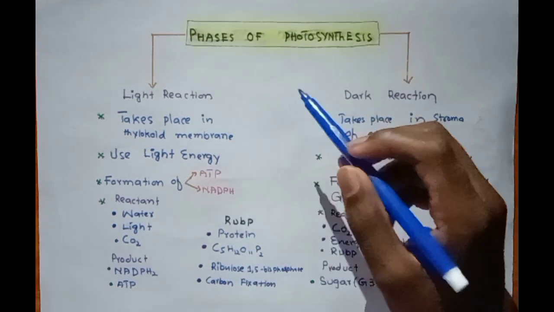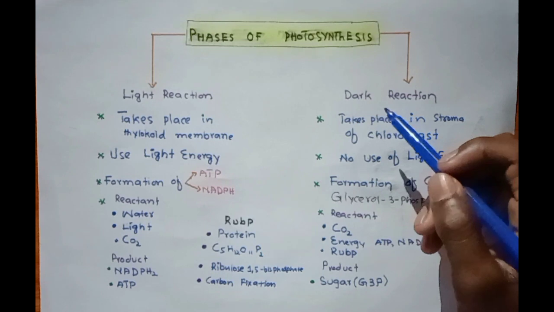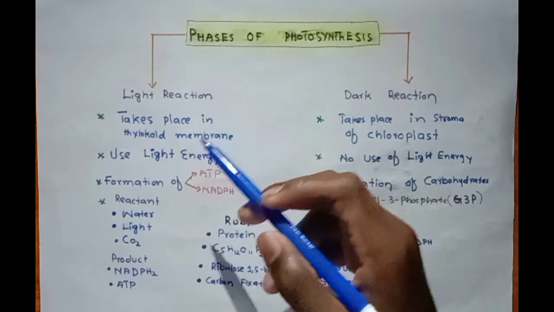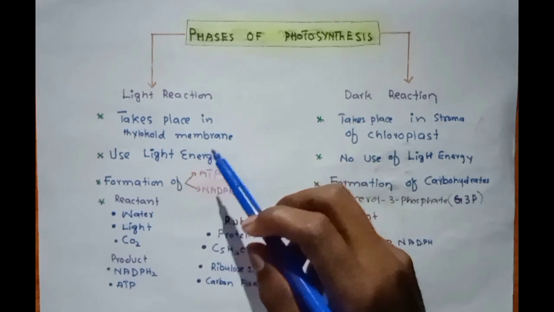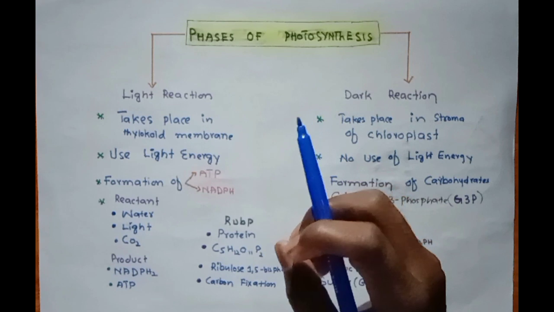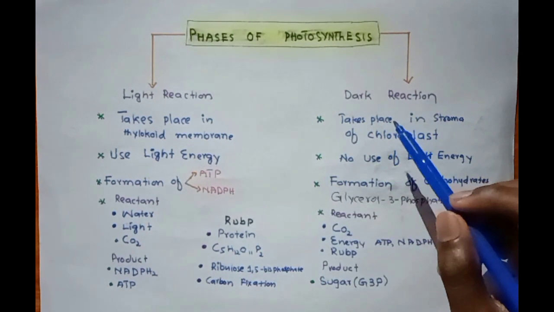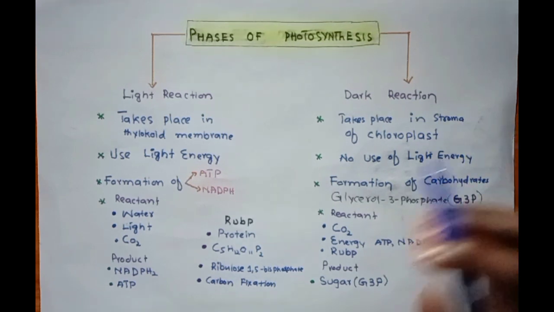Further we have the phases of photosynthesis: the light reaction and the dark reaction. We will discuss them further. The light reaction occurs in the thylakoid membrane, as we discussed previously, and the dark reaction occurs in the stroma of the chloroplast.